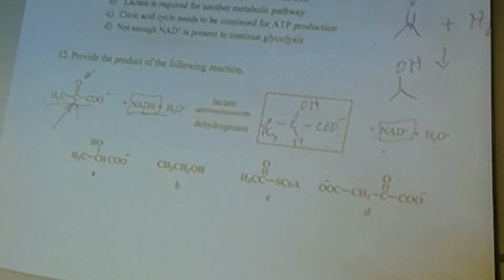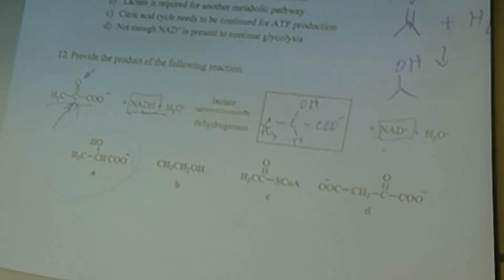One hydrogen should go here, another hydrogen should go here. So that would be the product. So which one is that? Looks like this one. Make sense now? Any more questions?